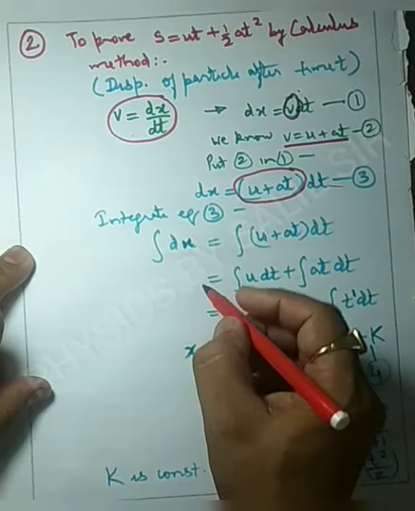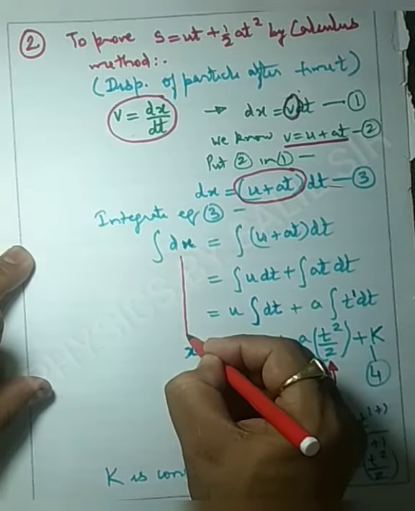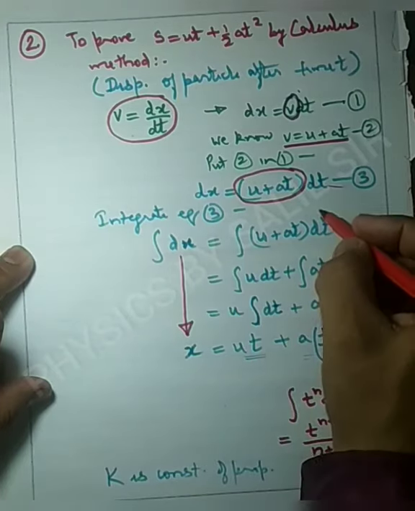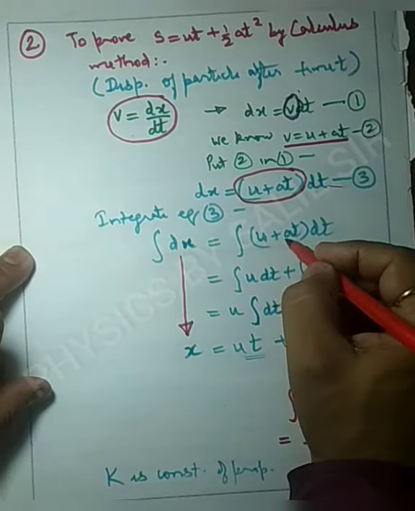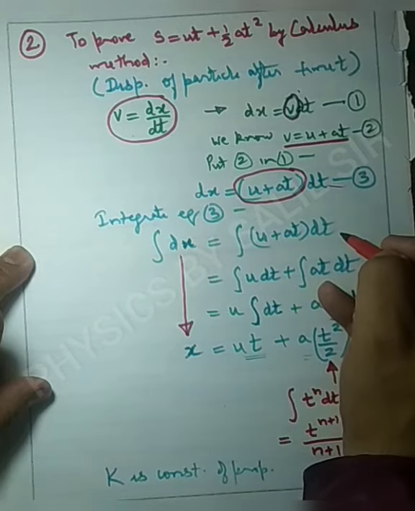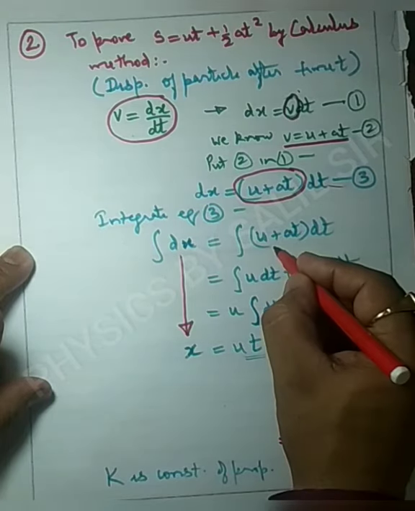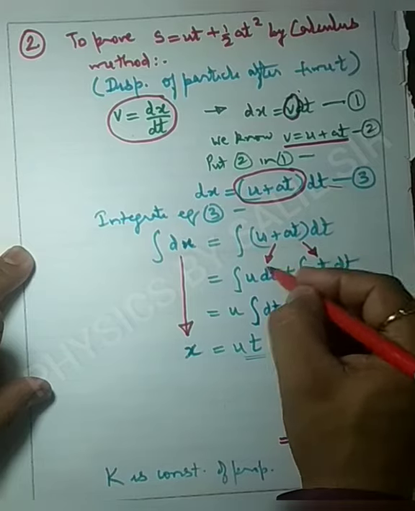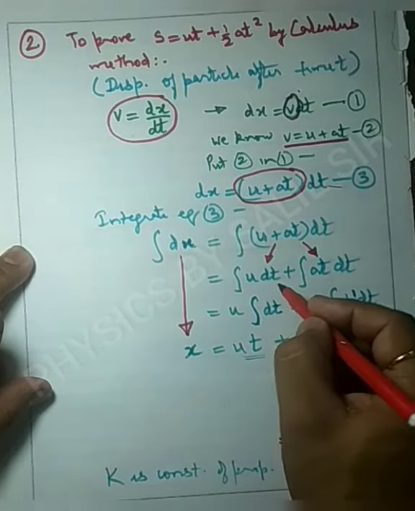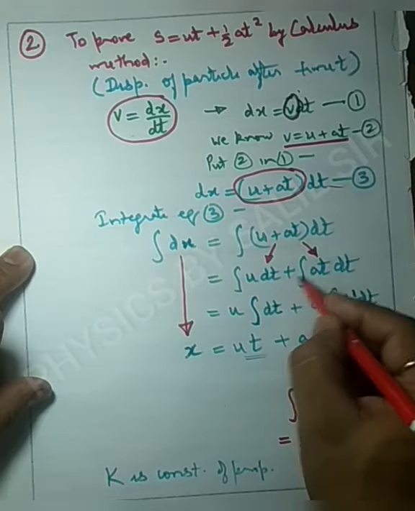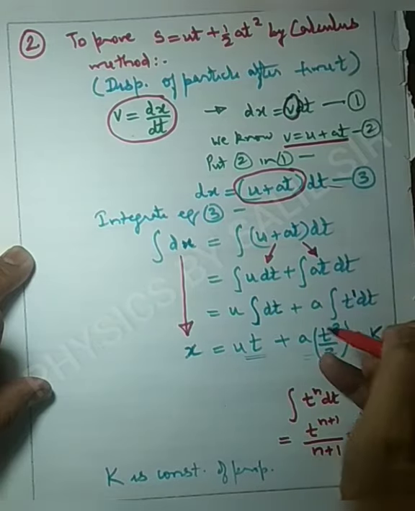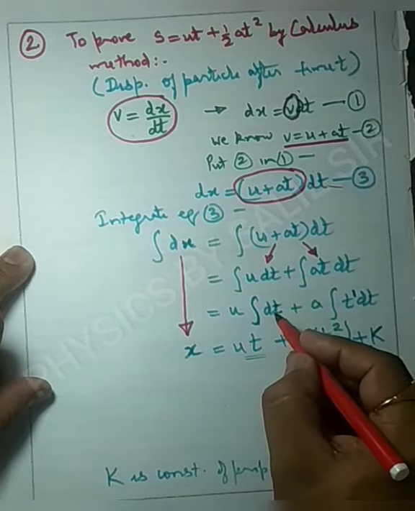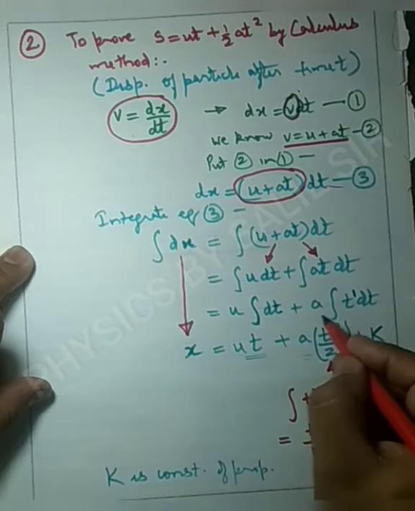So on the left hand side, as a result of integration of dx, we will get x, and on the right hand side we will get the integral of u plus at dt. After separating these terms, we will get the integral of u dt plus the integral of at dt. u is constant, that's why it is taken out of the integral sign, and it is the integral of dt plus a.